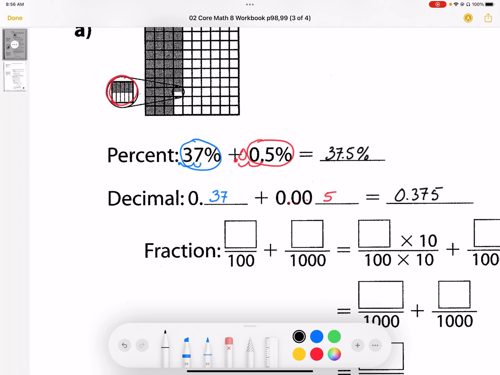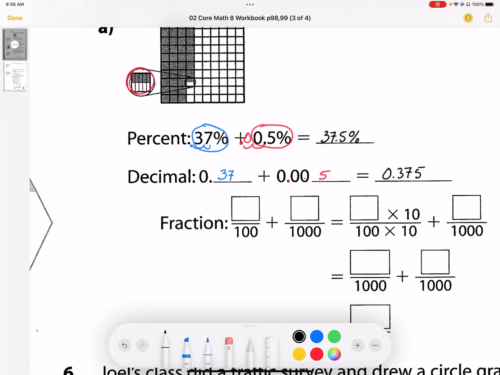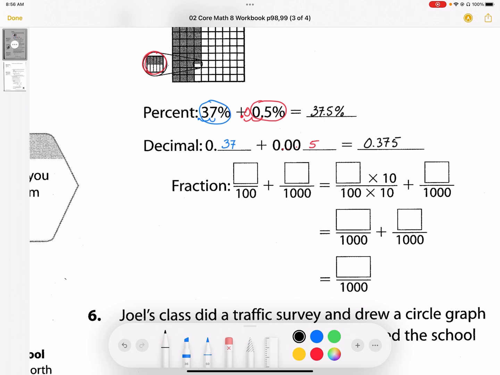For the fraction part of this and for the rest of the assignment, make your fractions out of 100. So 0.37, 37% is 37 out of 100.